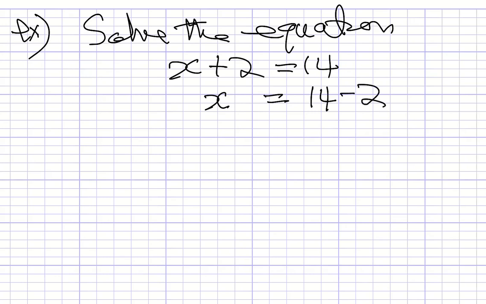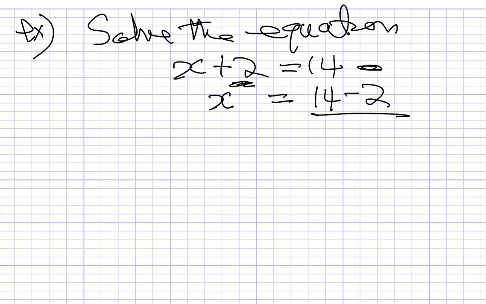Because what some people do is say subtract 2 here, subtract 2 there. I will get to that when we get to algebra. But anyway, so then you simplify that. It becomes x equals to 14 minus 2 is 16, right? I'm sorry, it's 12, not 16. So that's your solution right there.